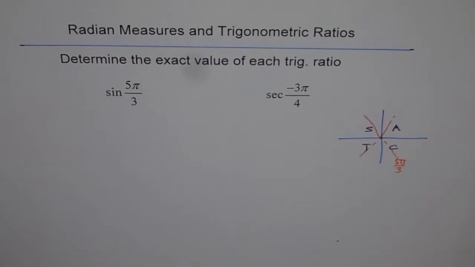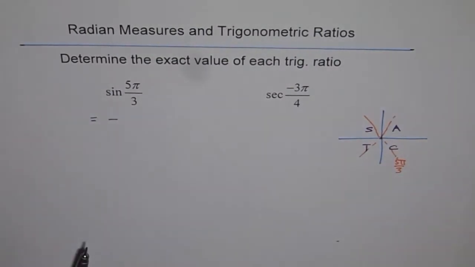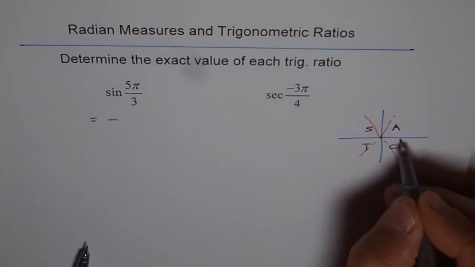So that is the first thing we got. So we know at least the sign of this, and we say, well, the sign is negative. Correct? Now we want to find the value. To find the value, we first need to find the related acute angle. In this case, the related acute angle is the angle which the terminal arm makes with the horizontal line.